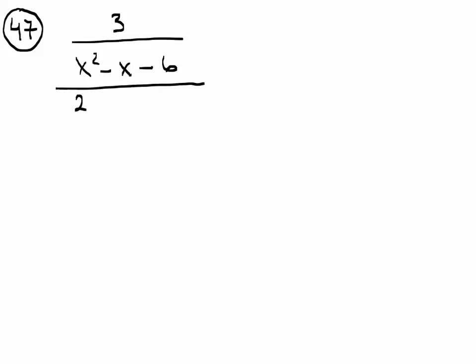Next one is 47 on the homework here. This is what it looks like. Again, it's a little more complicated than the practice problems or the matched problems were. So we should take a look at this here.